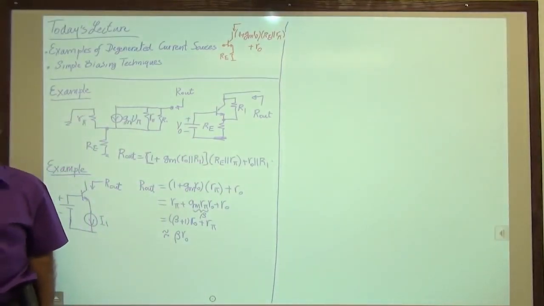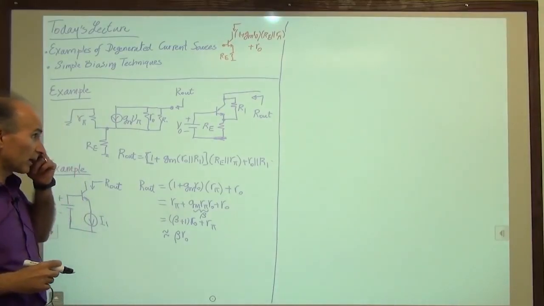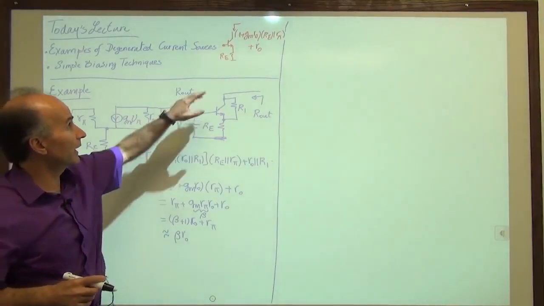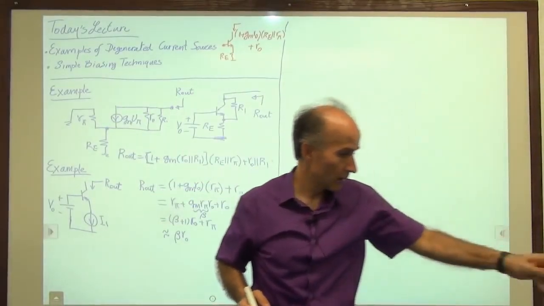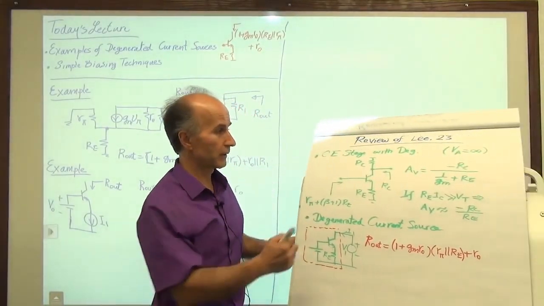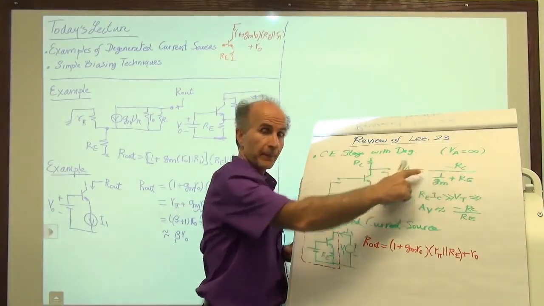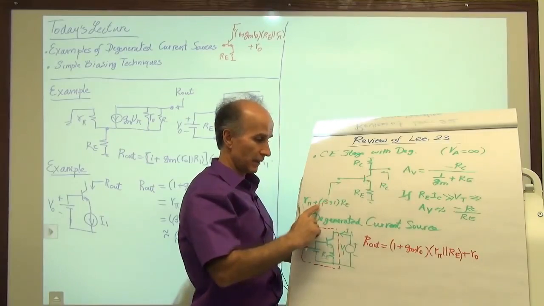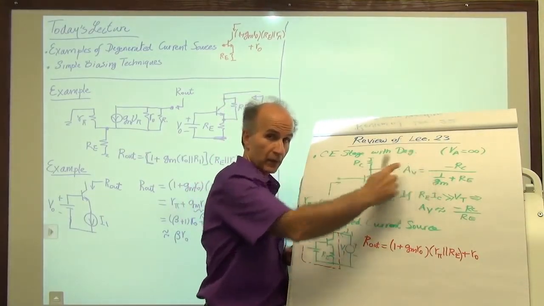Okay, so one other note that I would like to make here is that the results that we obtained for the common emitter stage with degeneration in the previous lecture assume that the early voltage was infinite. This voltage gain, this input impedance, and this output impedance were obtained under that condition.